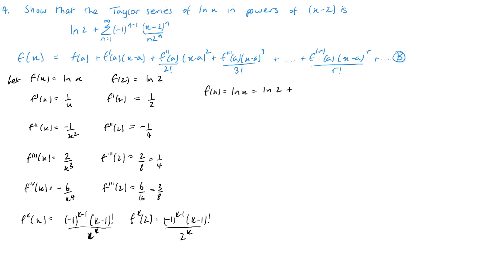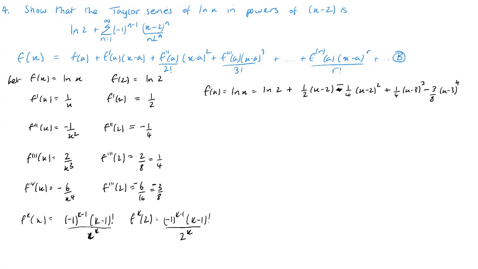So we'll have a half x minus 2 plus, minus a quarter x minus 2 squared plus a quarter x minus 2 cubed minus, this should be a minus here, minus 3/8 x minus 2 to the power 4, and so on.